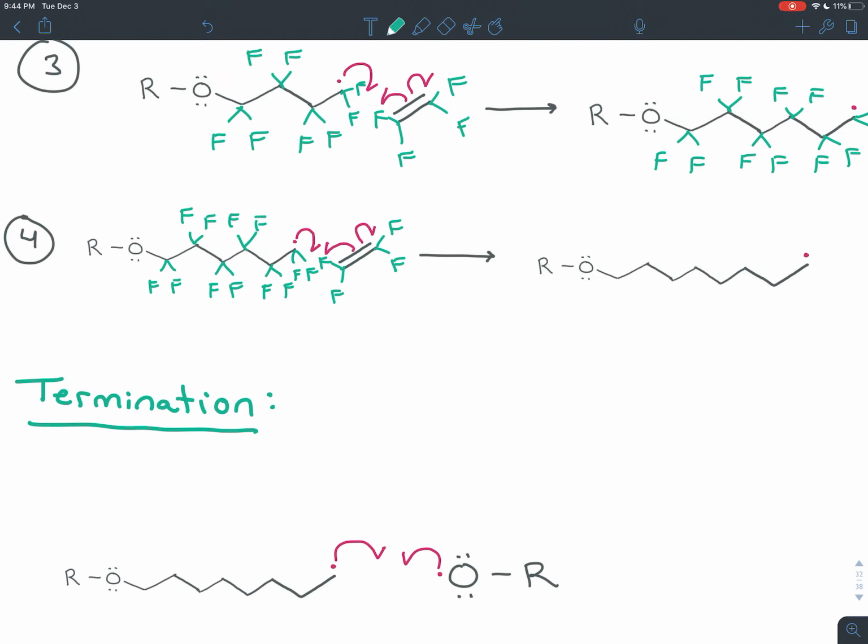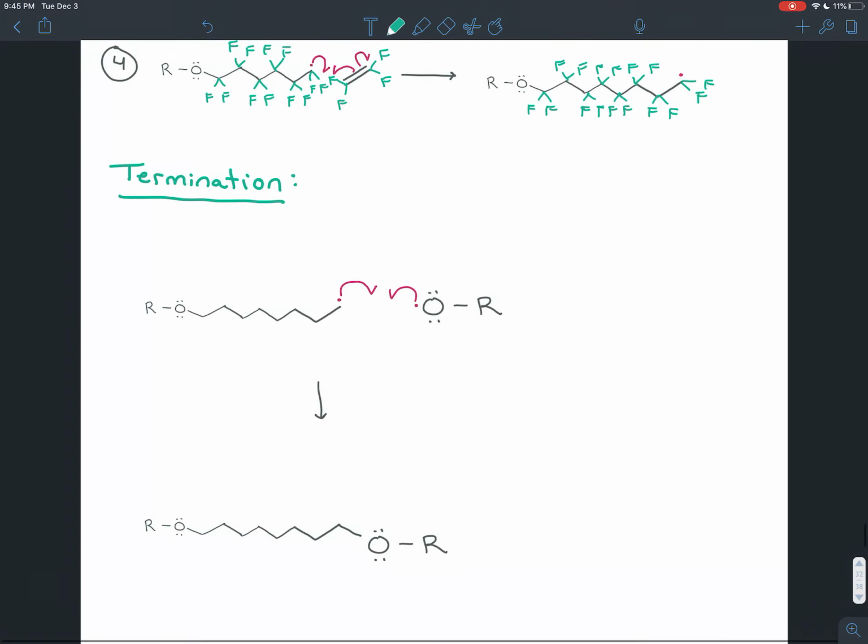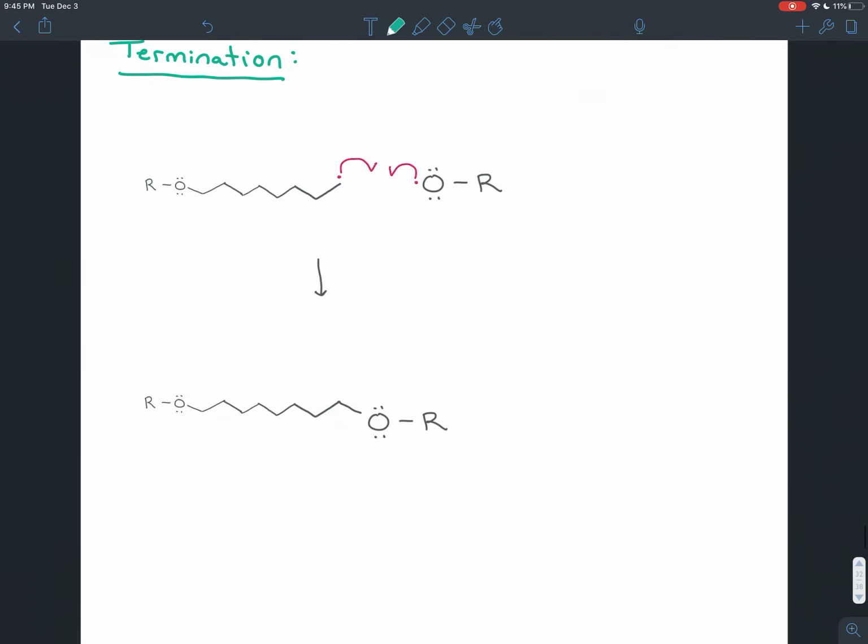And the other electron in the pi bond creates a new radical. And so you end up with this product with 2 fluorines on every carbon. Okay, so that's the propagation steps.